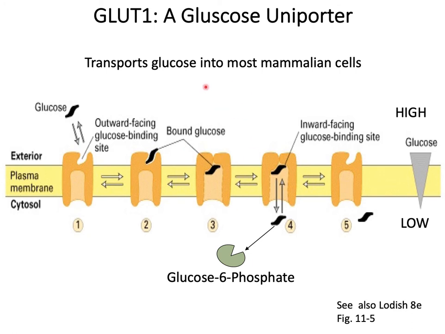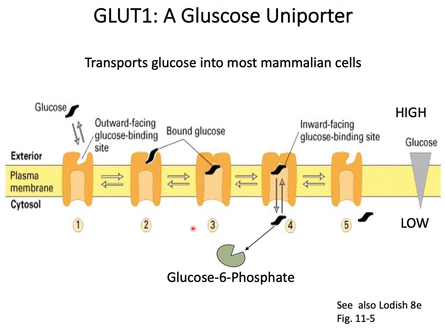The glucose from the extracellular space will bind to the glucose binding site. When the glucose binds, this causes a conformational change in the transporter protein, and the glucose binding site is now facing inward. So the glucose is within the core of the transporter and it can diffuse into the cytosol. Once glucose is in the cytosol, it is often immediately converted to glucose 6-phosphate by an enzyme in the cytosol.